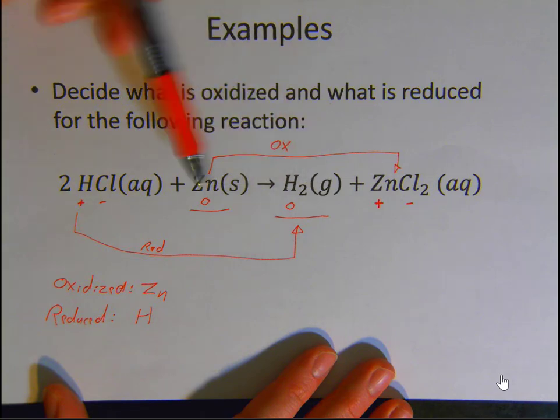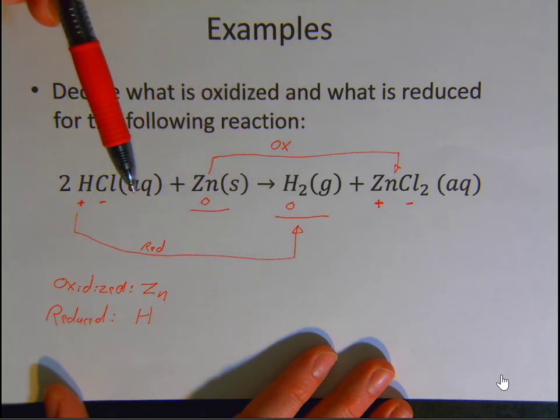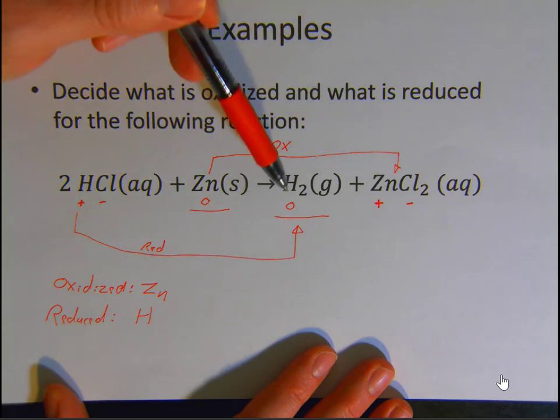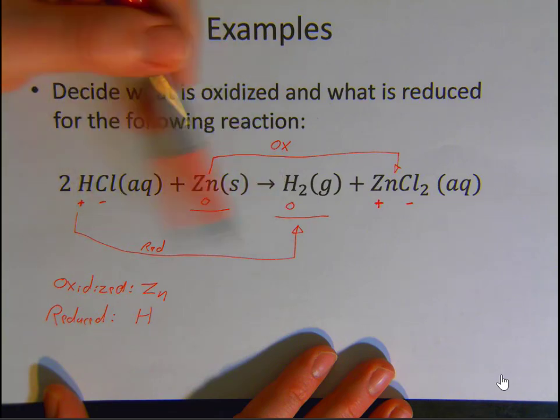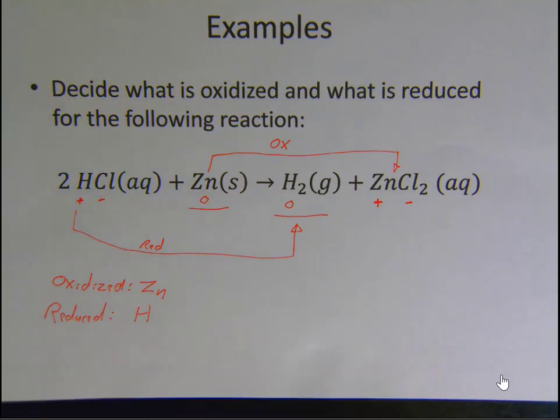And so essentially what we're looking at is, are we changing the elemental state in a way that is losing electrons, or are we changing to the elemental state in a way that is gaining electrons? So that's kind of the limitations of what we'll be looking at in the scope of this course.